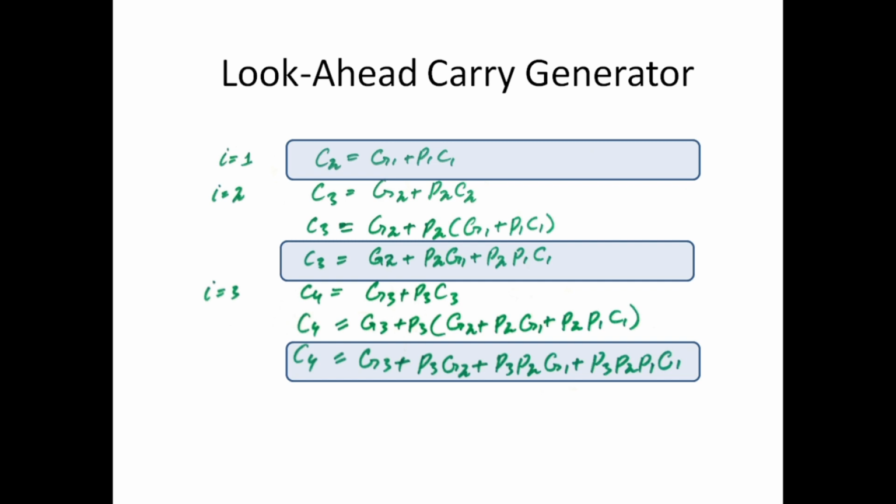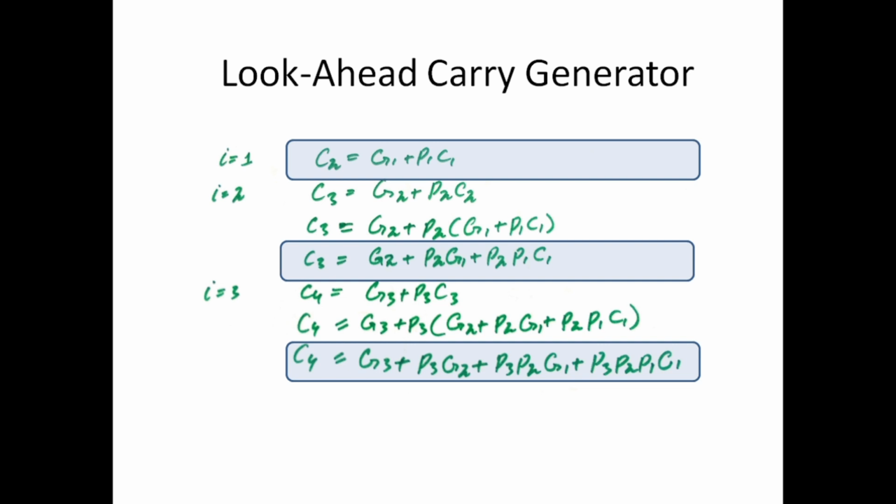C1 is not problematic, because we can keep C1 as 0 initially, and none of the other carries are dependent on each other. For example, C3 is not dependent on C2. We do not see C2 here. Similarly, C4 is not dependent on C3 or C2. So we removed the dependencies between these carries.